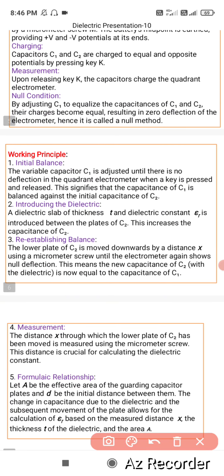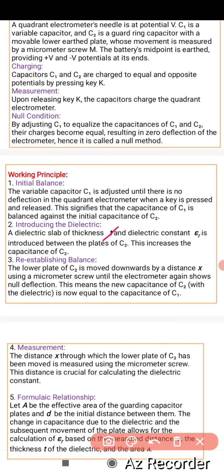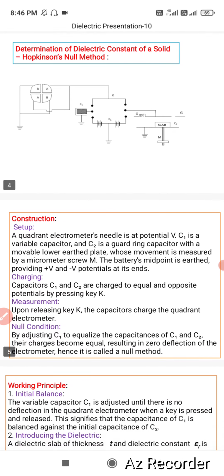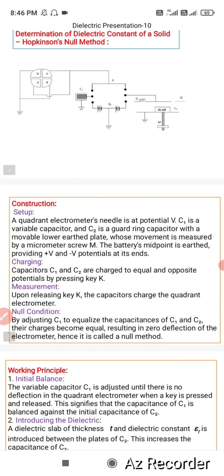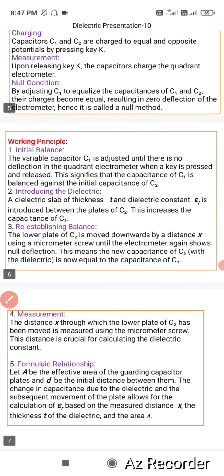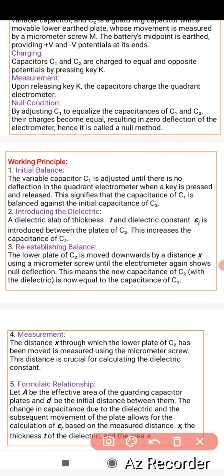Next, re-establishing the balance. The lower plate of C2 is moved downward by a distance x by the micrometer screw until the electrometer again shows null deflection. This means the new capacitance of C2 is now equal to C1.